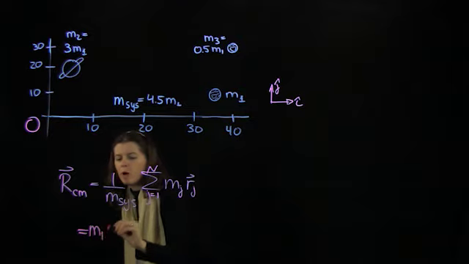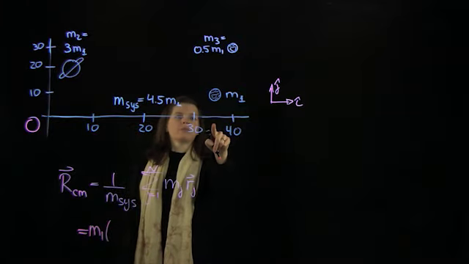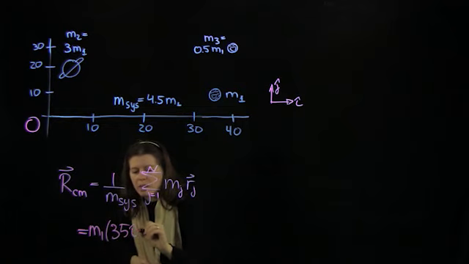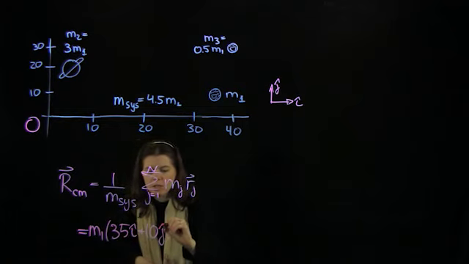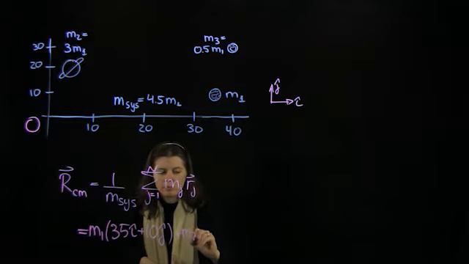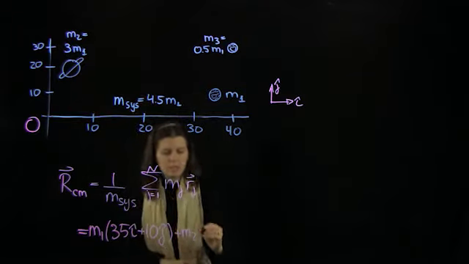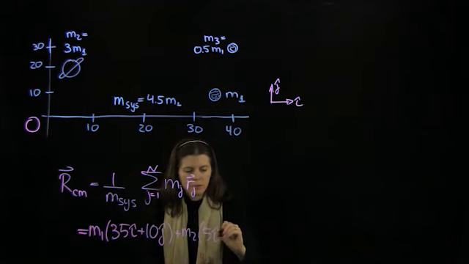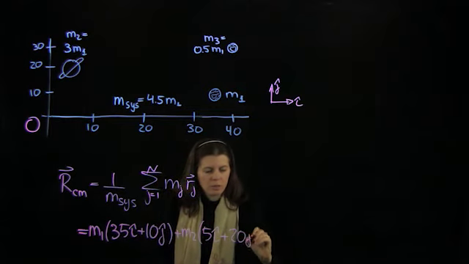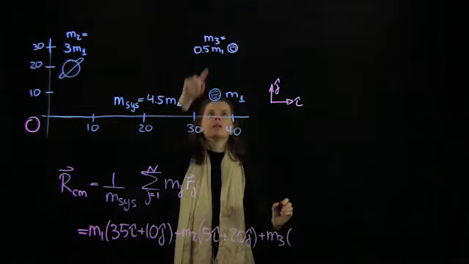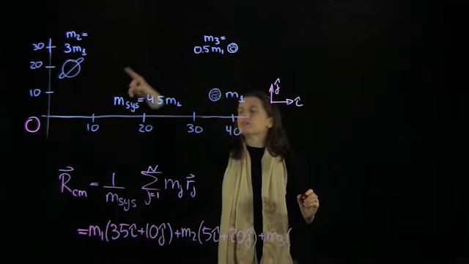We have m1, and we're going to have 35 and 10. 35 I hat plus 10 j hat plus m2. That's going to be 5 and 20. And then m3, we have 40 and 30.